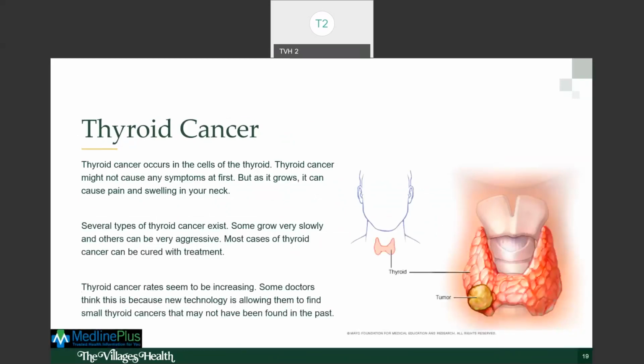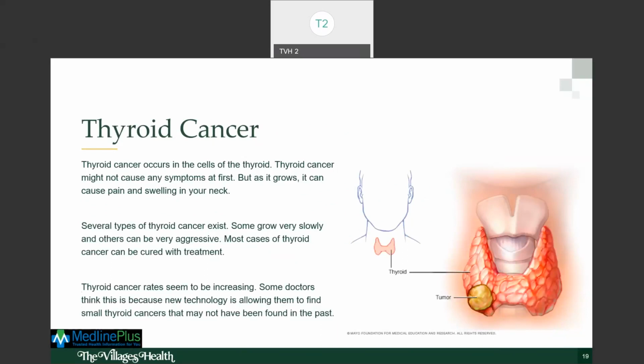The next condition that we're going to discuss is thyroid cancer. Now, thyroid cancer occurs in the cells of the actual thyroid gland, and you may not have any symptoms at all at first, but as the cancer grows, it can cause pain and swelling in your neck.